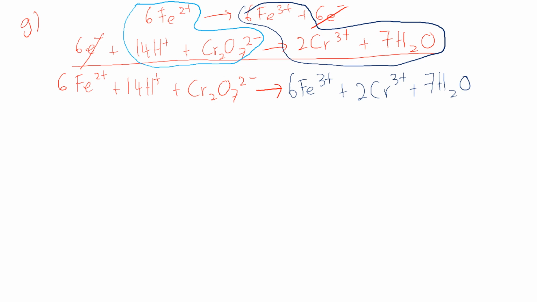For H, check and verify that the number of atoms and the charges are balanced. So negative 2 plus 14 plus 12 gives 24. On the product side, 6 times 3 is 18, plus 2 times 3 is 6, so 18 plus 6 is 24.